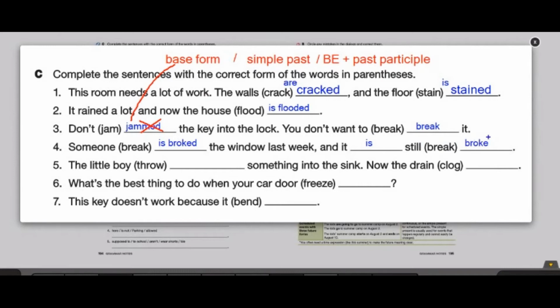What's your opinion? Okay. Who disagrees? So is, no. And the letter instead of wrote, is someone broke. Okay, thank you. Any other correction?